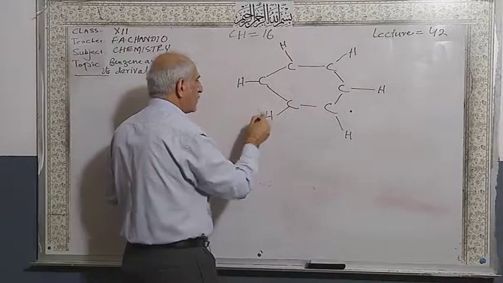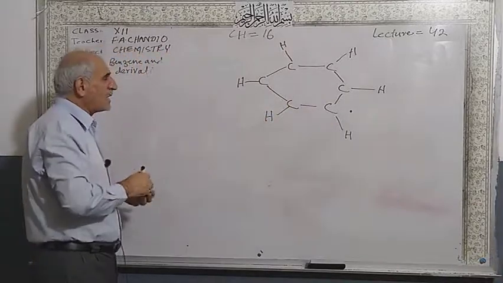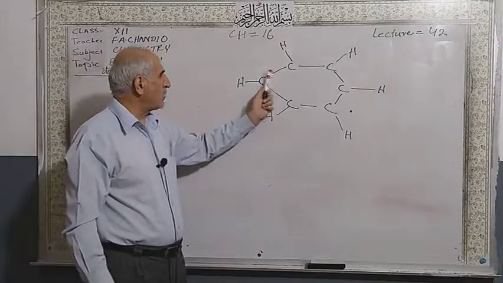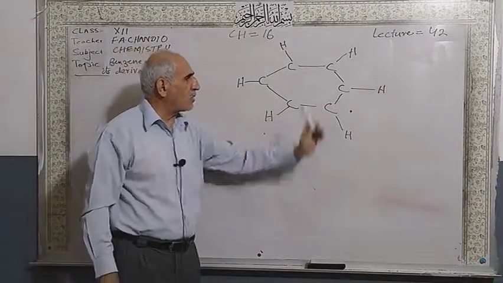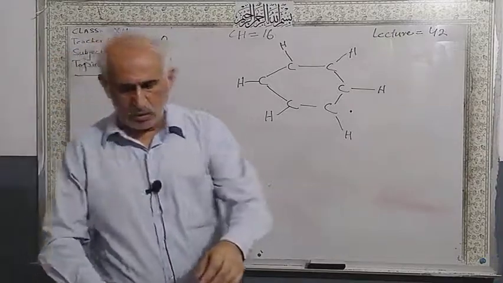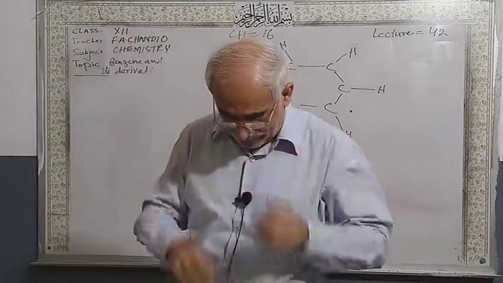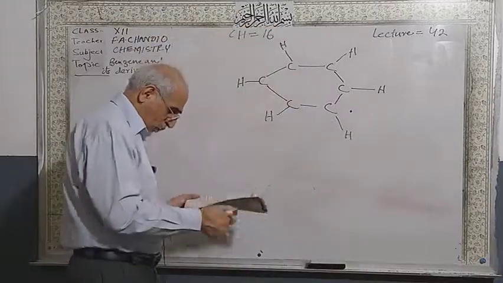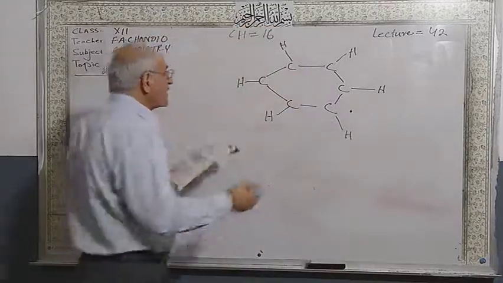Like this. All these are sigma bonds, sp2 hybridization. Sigma bond, sigma bond, sigma bond, sigma bond, all sigma bonds with the sp2 hybridized atomic orbitals. So there is a 2pz on each carbon.